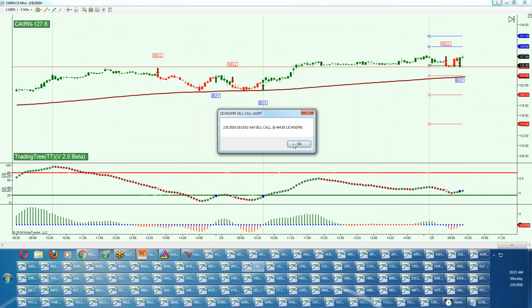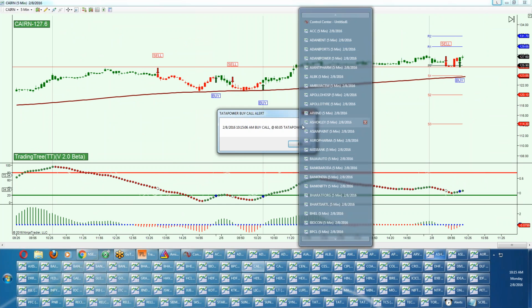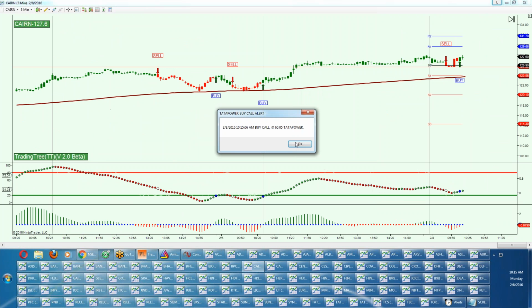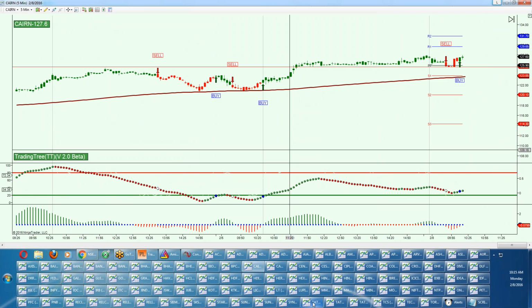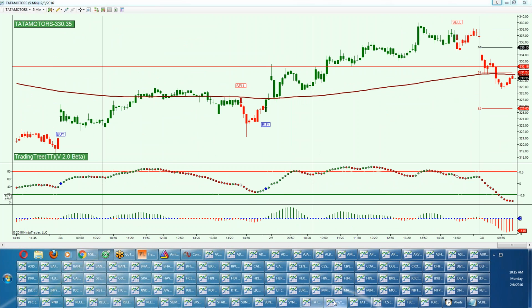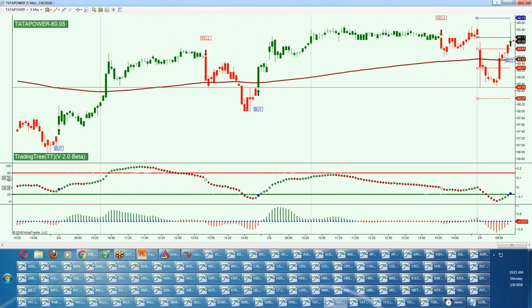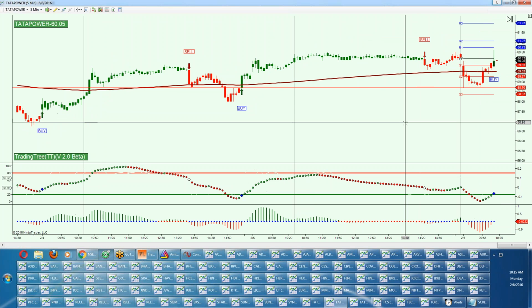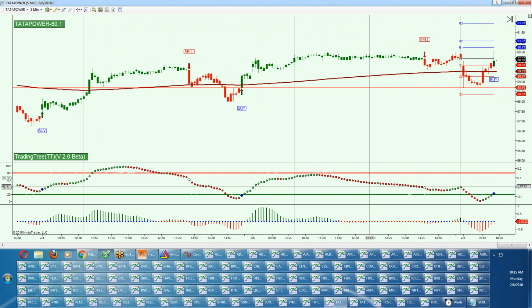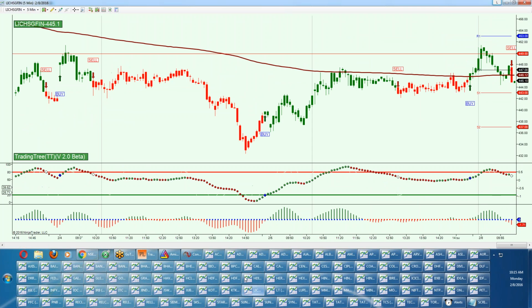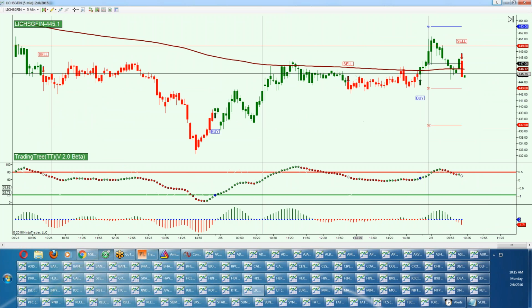So we have a sell in LIC and buy in Tata Power. So you can buy above this R1 level, that is 60.80. LIC you can short it below this 144.30.